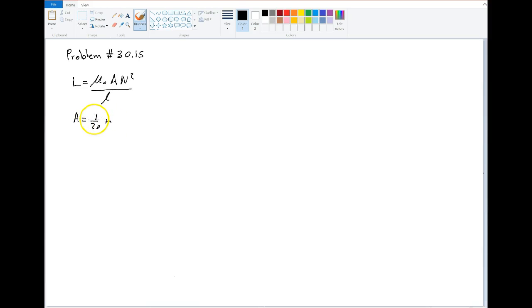pi d squared over 4. What was the diameter? They give the diameter. Okay, so pi times 0.15 meters squared over 4.